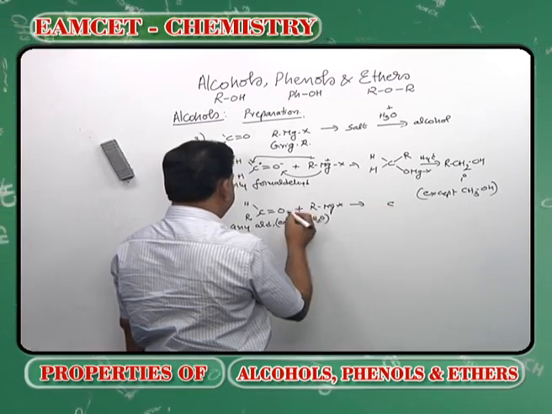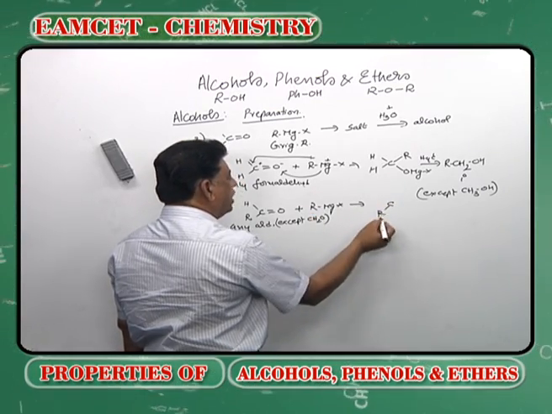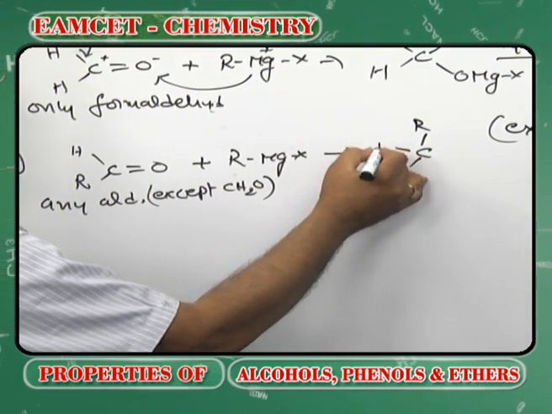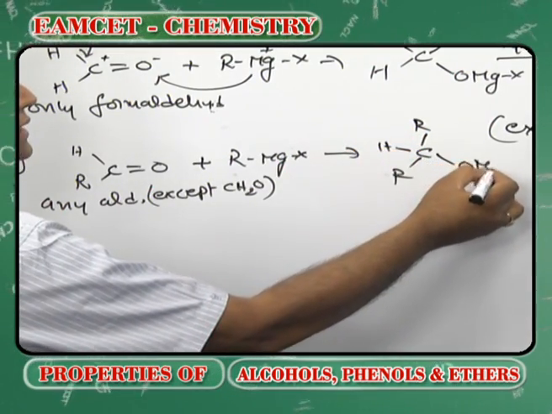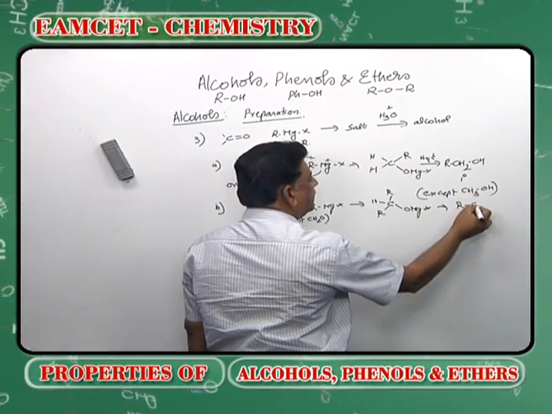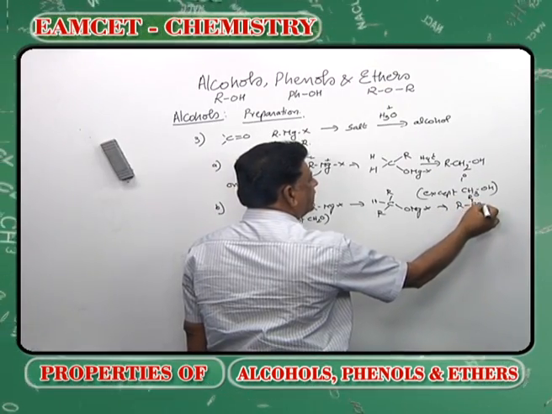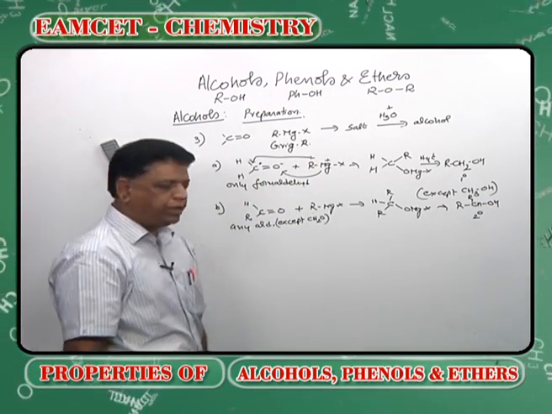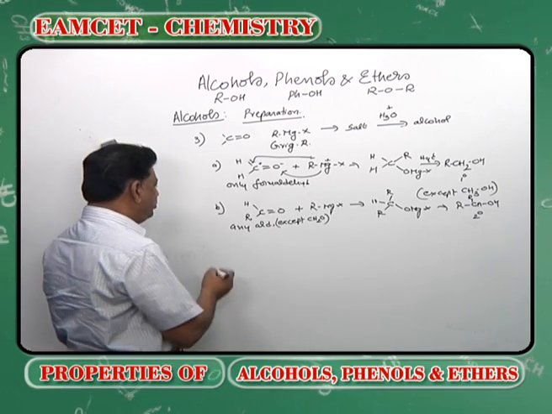The salt will contain two R's, one is the old R, another is from the RMgX, and one hydrogen, so OMgX is there. You hydrolyze it, you will get the alcohol containing two R's. This is nothing but a 2 degree alcohol. 2-propanol, 2-butanol, and so on, different types of 2 degree.